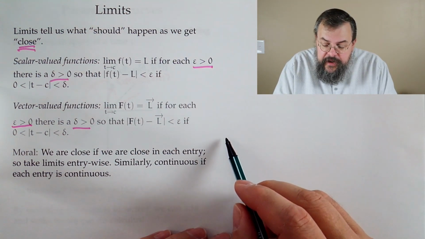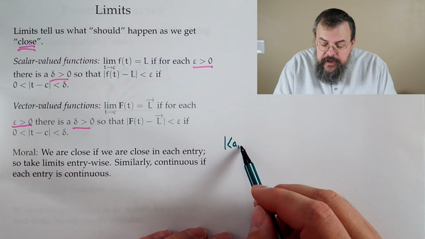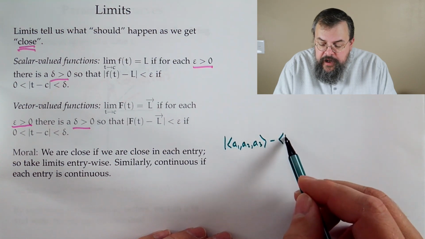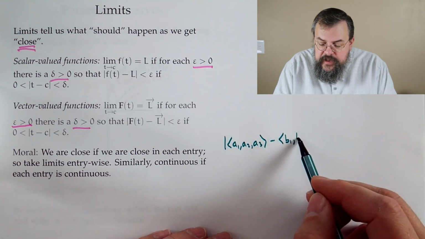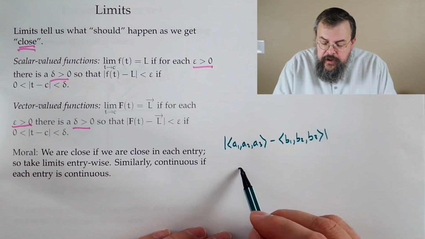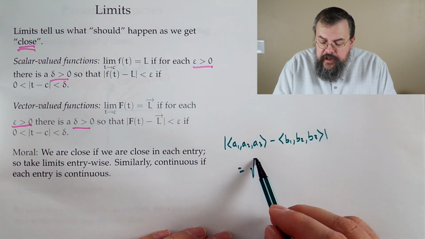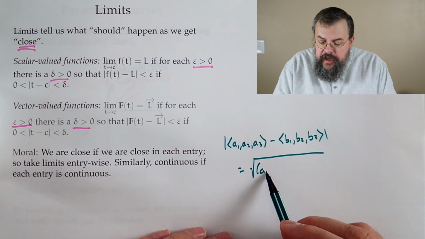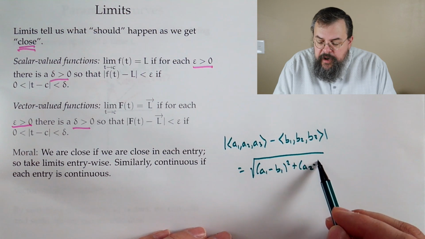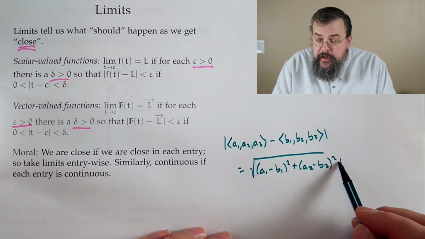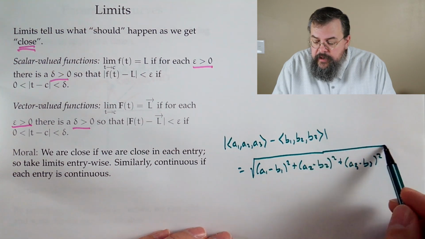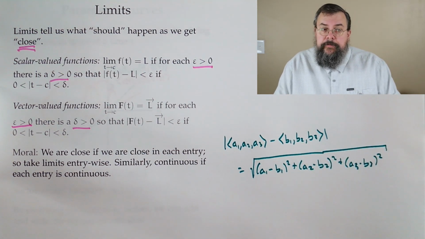So if I have two vectors, say A1, A2, A3, and B1, B2, B3, and I want to look at how far apart they are, well, that just says take the difference between them and take the magnitude. Well, if you apply the magnitude formula, that's the square root of (A1 minus B1) squared plus (A2 minus B2) squared plus (A3 minus B3) squared. Right? So far, so good.